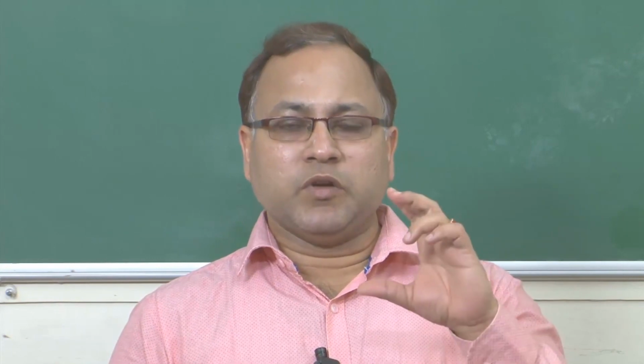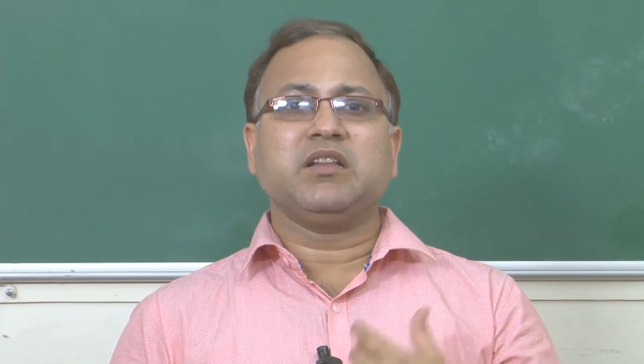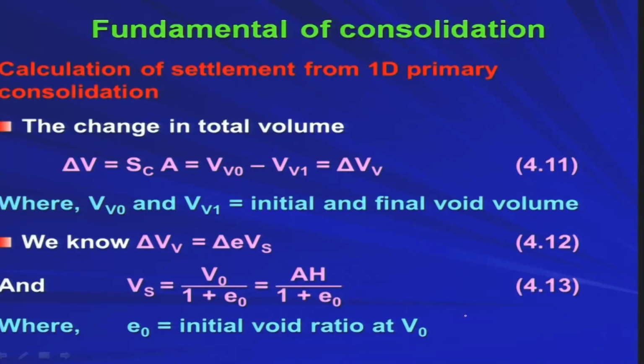So, the change in volume of void is nothing but the change in actual volume of the soil deposit, because soil grains or soil solids are not going to exhibit any volume change. We have already discussed this. So, V V naught minus V V 1, the initial void volume minus final void volume, is equal to delta V V, which is the change in void volume. So, change in volume is equal to change in void volume.